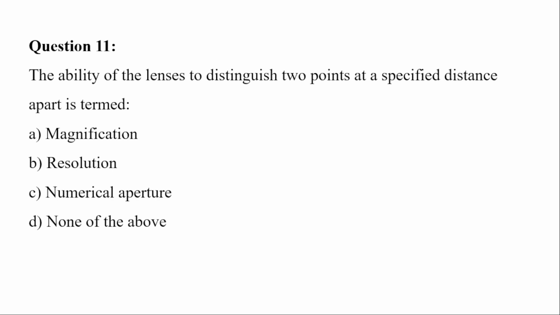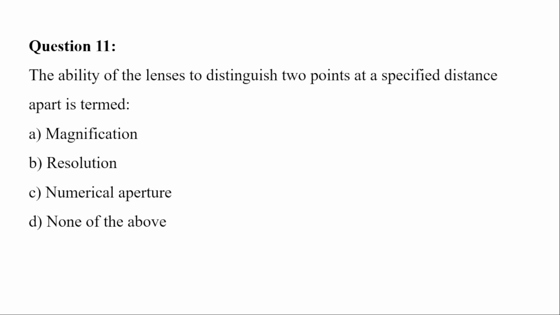So basically resolution means the ability of the lens to distinguish between 2 points. Let's say 2 points are 2 millimeter apart and the resolution of the lens is 3 millimeter, then it cannot distinguish between those 2 points as two distinct points. It will see them as one point.